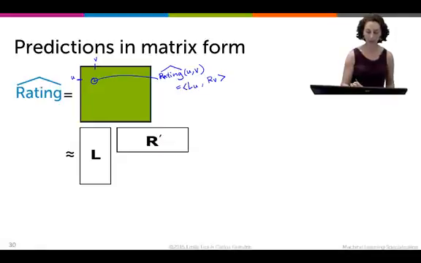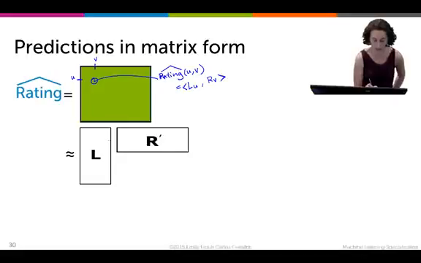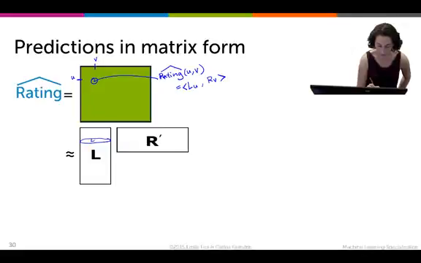Okay, so these little braces here mean we're going to take the vector LU and the vector RV, do an element-wise product, and sum. So what that represents is we're taking a row of a big matrix L. So there's a row that has a vector LU.